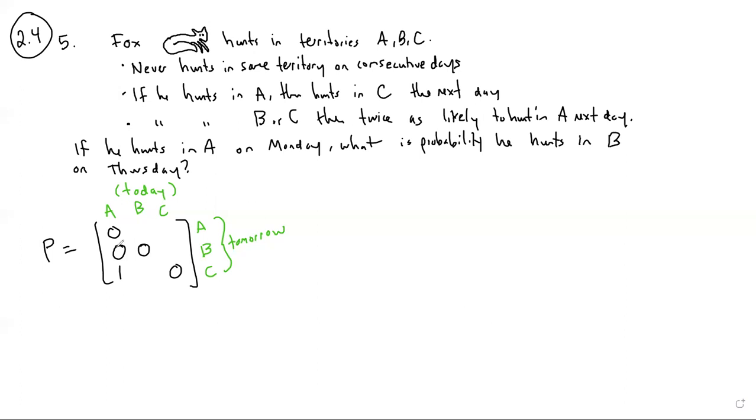Now let's look at the other information given. If he hunts in B or C, the same thing happens to them: it's twice as likely he's going to hunt in A the next day.